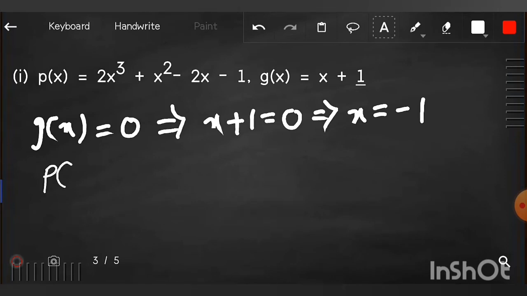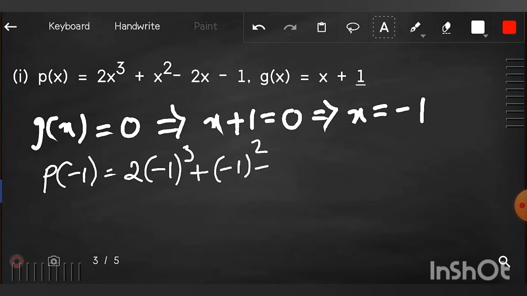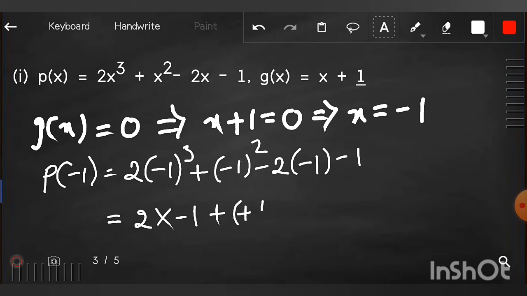p of minus 1 equal to 2 into minus 1 cube plus minus 1 square minus 2 into minus 1 minus 1. 2 into minus 1 cube is minus 1 plus minus 1 square is plus 1.